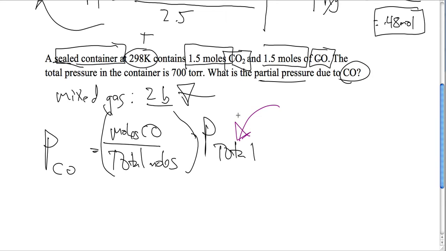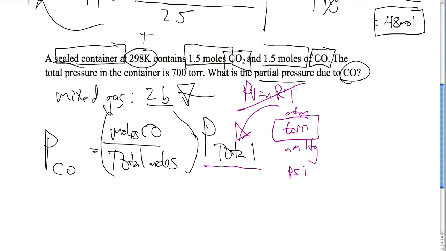In this equation, this P total, since all you're doing is multiplying the pressure by the fraction of moles, since you're not using PV equals nRT here, this can be in atmosphere, it can be in torr, it can be in millimeters of mercury, it can be in PSI, it can be in really any unit.